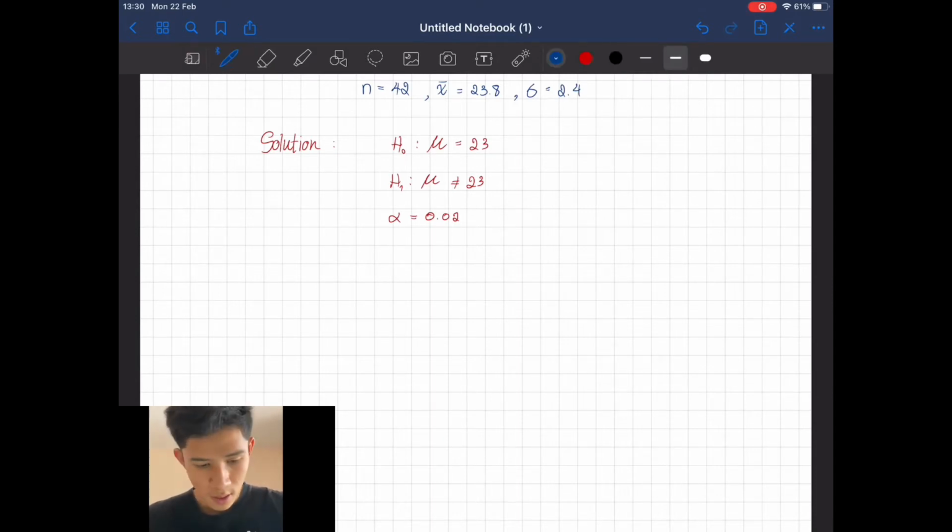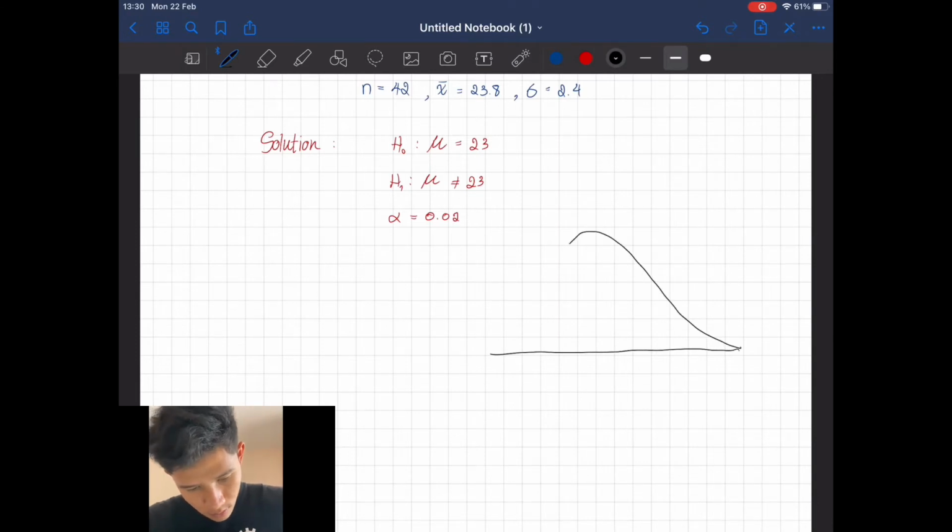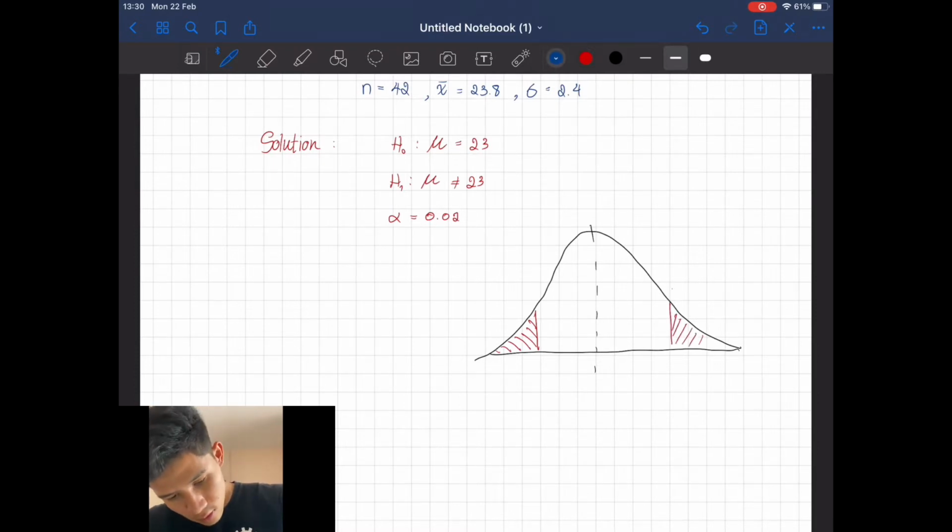For a two-tail test the rejection region will be in both tails of the distribution, 0.01 each. From the z table, C equal negative 2.33 and C equal 2.33.